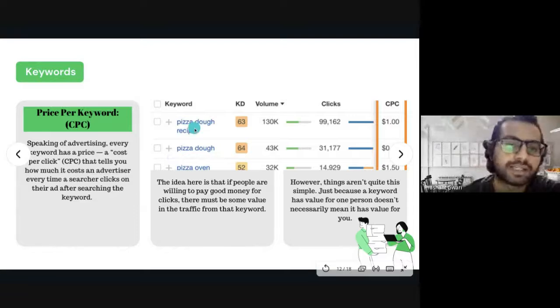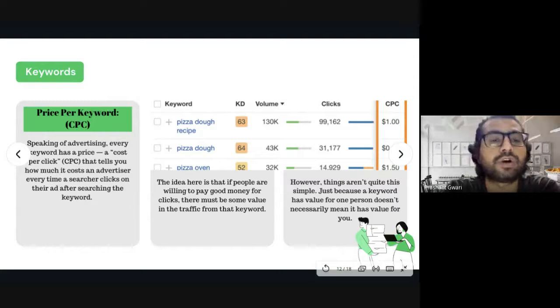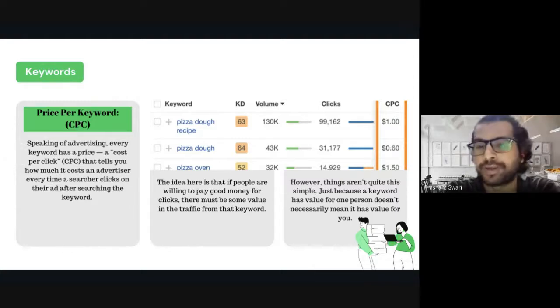These are the keywords digital marketers are targeting, and the CPC is $1 or 70 cents or $1.50. So that tells you how much they are bidding on this keyword, which is pizza dough recipe or pizza dough or pizza oven. So what this CPC actually tells you and how it can be helpful for you.